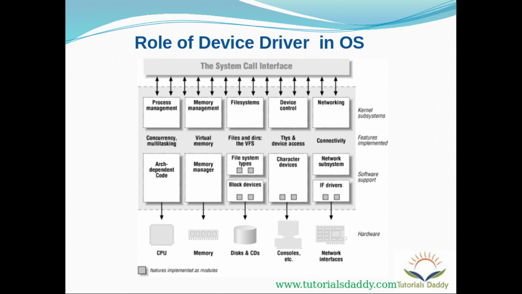For CD and disk, we have a driver present in the Linux kernel. For consoles, we have a character-based device driver. And for the network interfaces, we have the network subsystem and the respective drivers. Don't worry about what a character driver, network driver or block driver is. We will discuss the same in a coming slide.